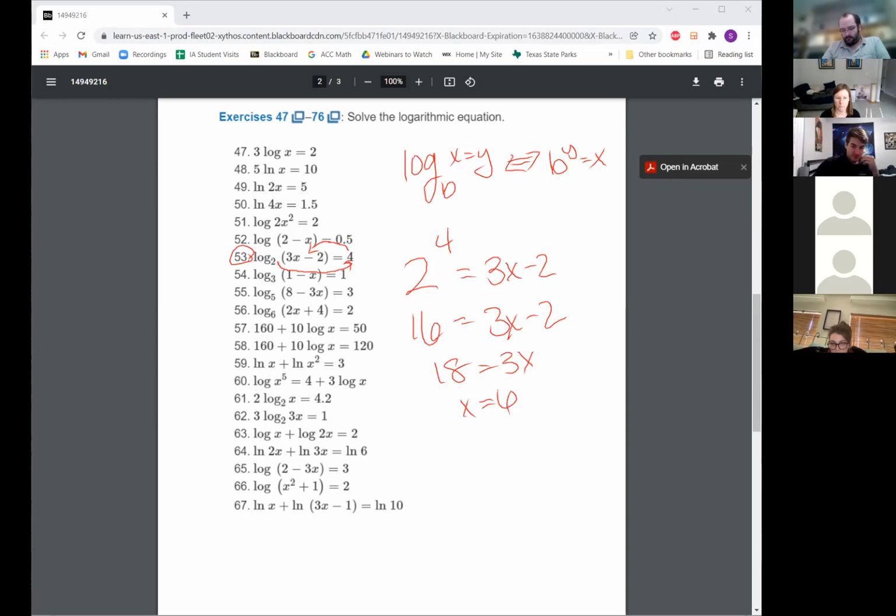Looking at 53 the way they give it to you, I raised 2 to the power on both sides, so that cancels the log base 2, and then it's just a square. Yeah, that was the other option I was saying we could do. Cool.